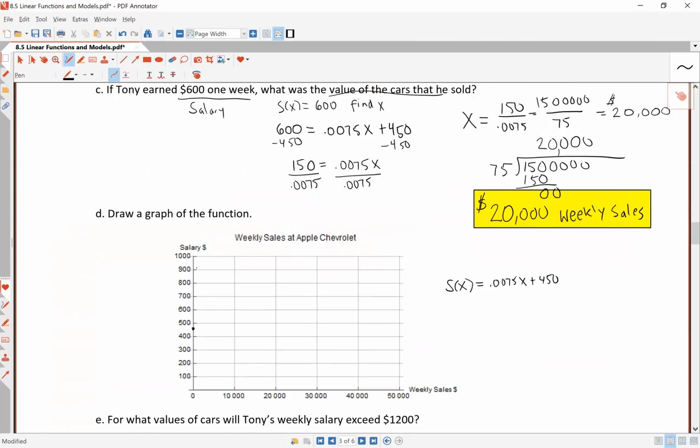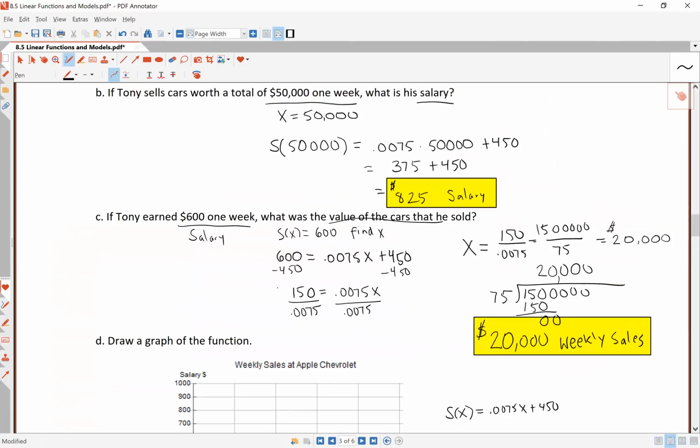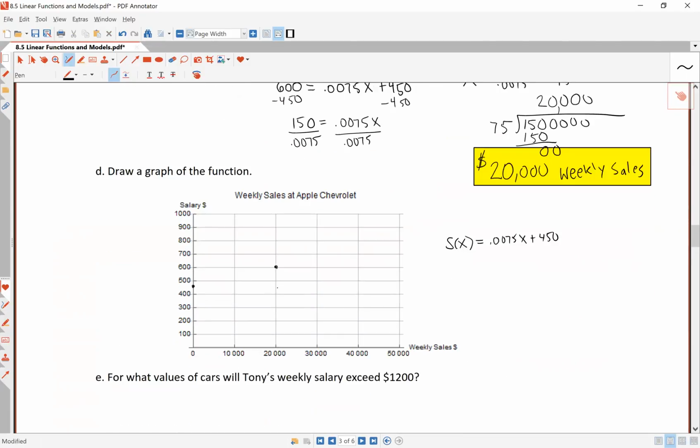We saw that $20,000 in sales gives us $600. And we saw that $50,000 gave us $825. So we have those 3 points. That's enough to graph this.